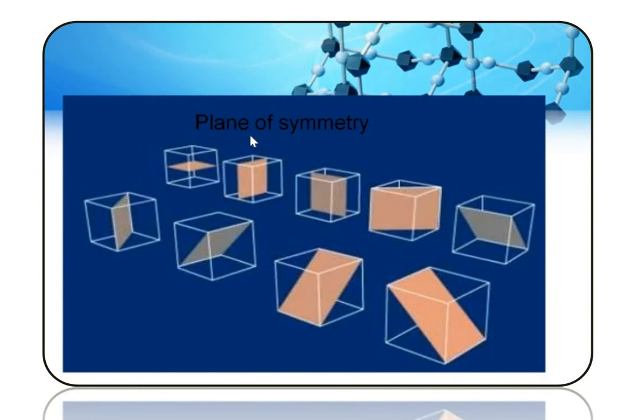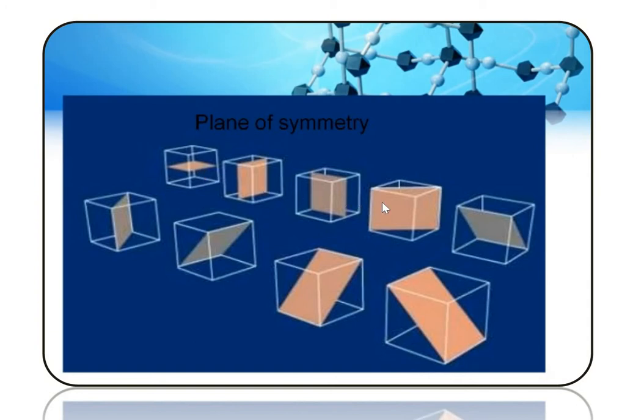See, plane of symmetry. Suppose in the first image the plane is parallel to the lower face and upper face. This is the first possibility. Second, it is perpendicular. Third, it is parallel to the front and back.